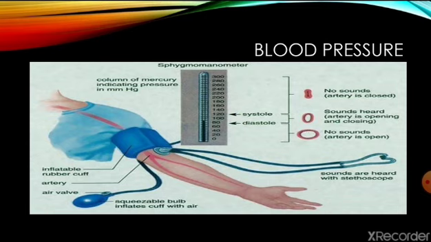So, the blood, as it is known as a fluid connective tissue, consists of pressure. So, that's why we have learned about the arteries and the veins. The blood pressure of oxygenated blood is more than that of the deoxygenated blood.